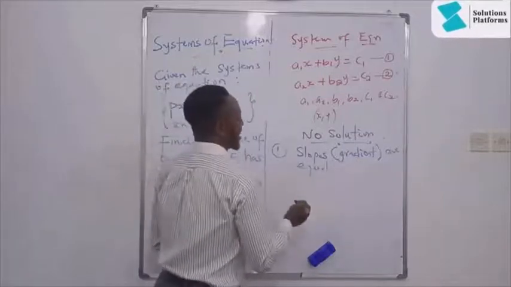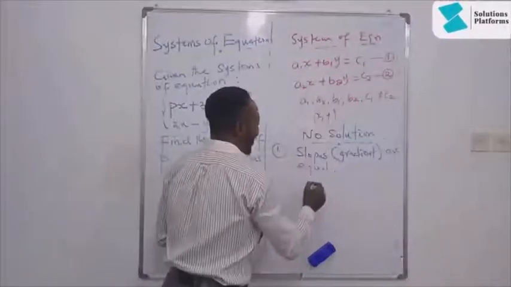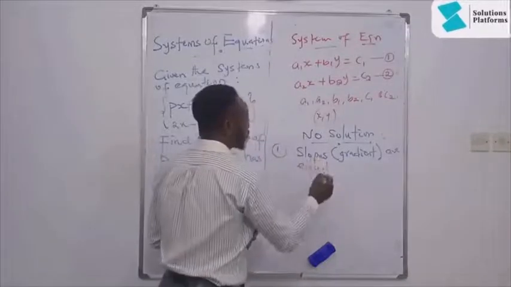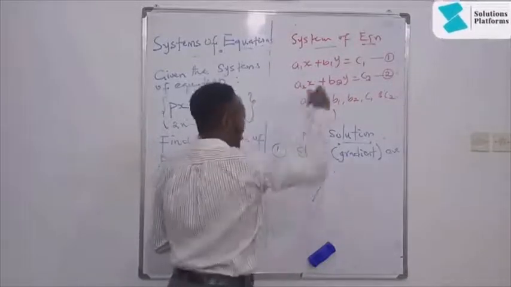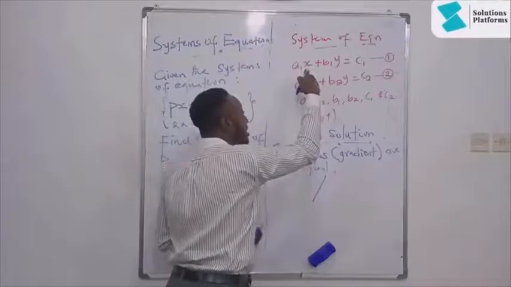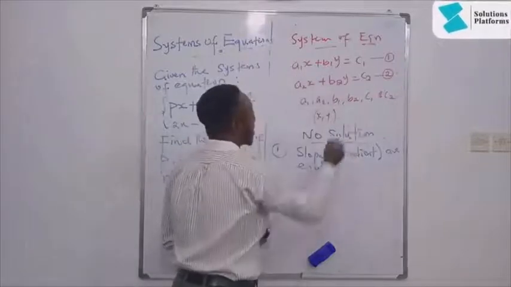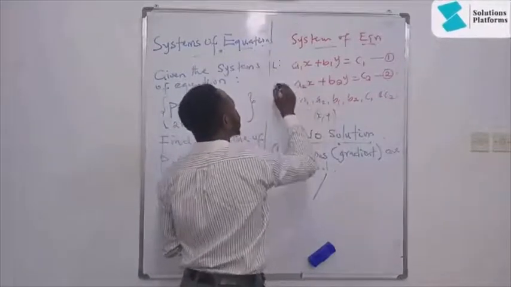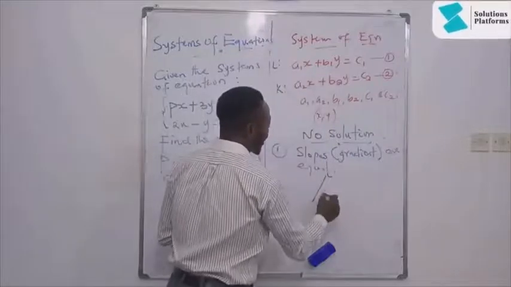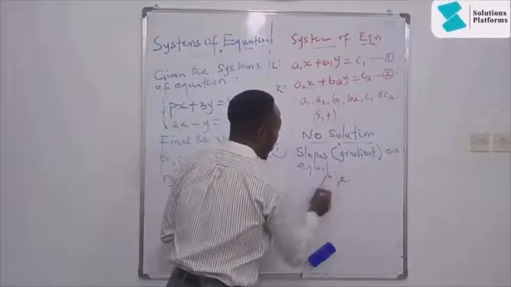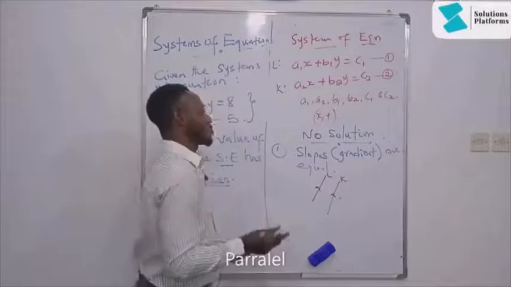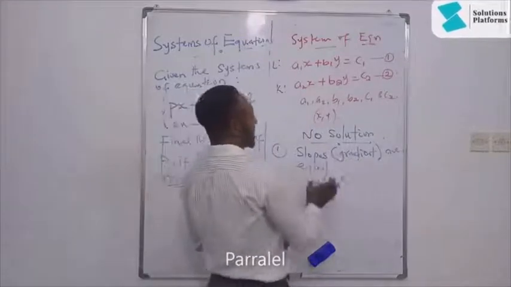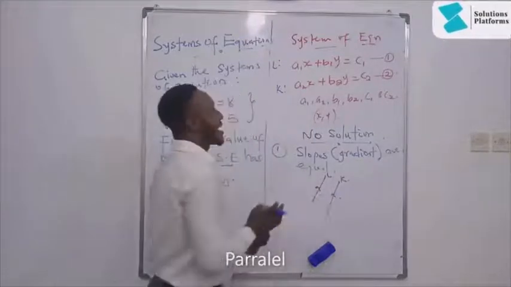What I'm saying is that if I sketch the straight lines that model these equations, say this is line L and this is line K, then this line and this line will be parallel. So for you to say two gradients are equal, it means that the two lines are parallel.